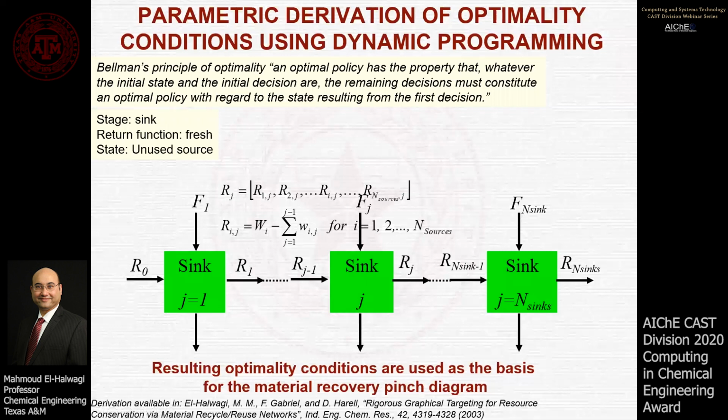Another approach is to derive the optimality conditions so that we can use those optimality conditions every time without having to solve the original optimization formulation. And one way of deriving the optimality condition is through the so-called dynamic programming, or Bellman's principle of optimality. And here it basically implies that an optimal policy has the characteristic that the initial decisions do not interfere with the rest of the decisions to constitute an optimum policy.